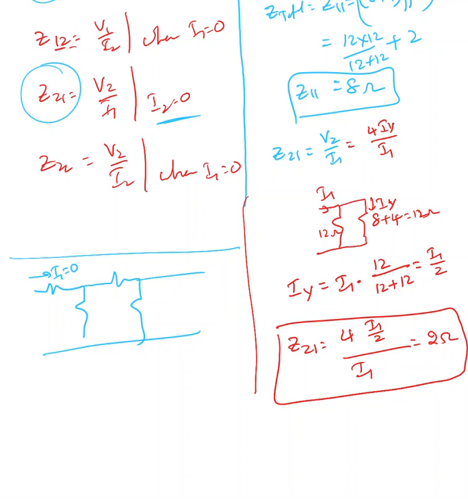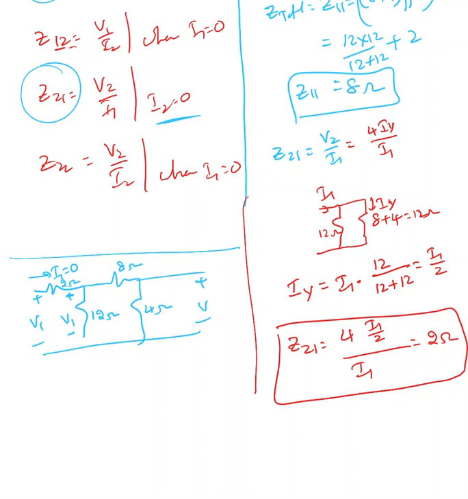If I1 equal to 0, can we ignore this 2 ohm resistor? Because there is no current passing through this, we can ignore this 2 ohm resistor. So whatever V1 is going to be right here, since there is no voltage drop across 2 ohm resistor, V1 is voltage drop across this 12 ohm resistor, 8 ohm and 4 ohm.